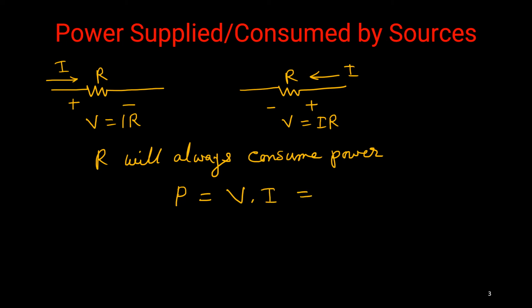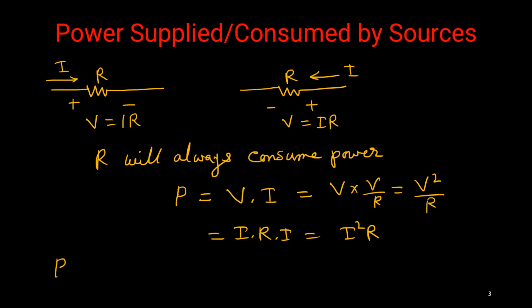Okay, so we can rewrite that, we can replace I by V upon R, that means it's V square by R, or we can replace V by I into R, so this is I times R into I, that means I square into R, right?